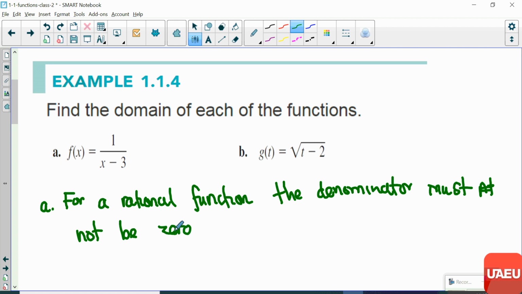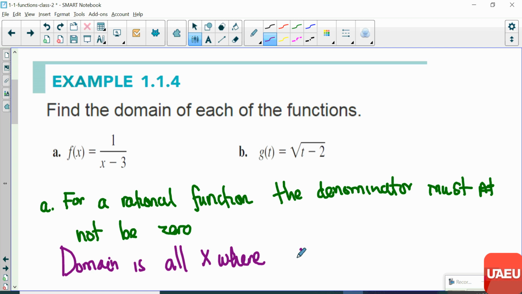Okay, so what do I mean by that? In other words, we're saying that the domain is all x where the denominator is not 0.